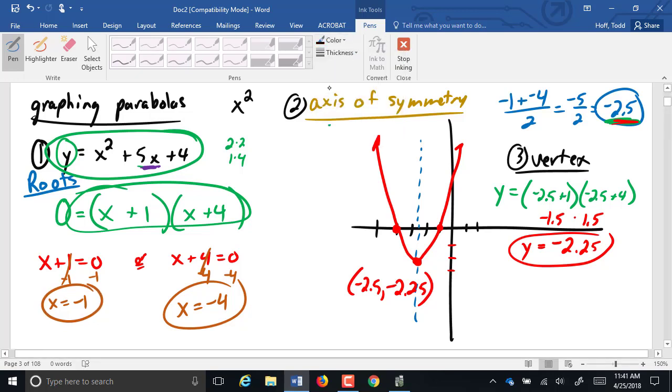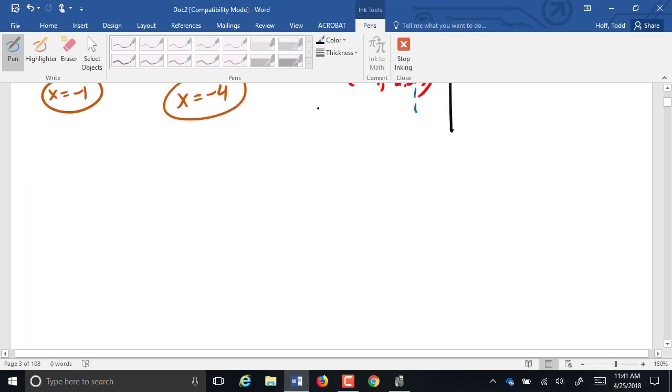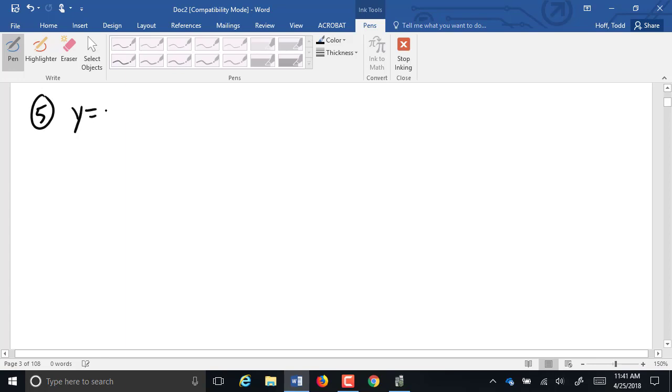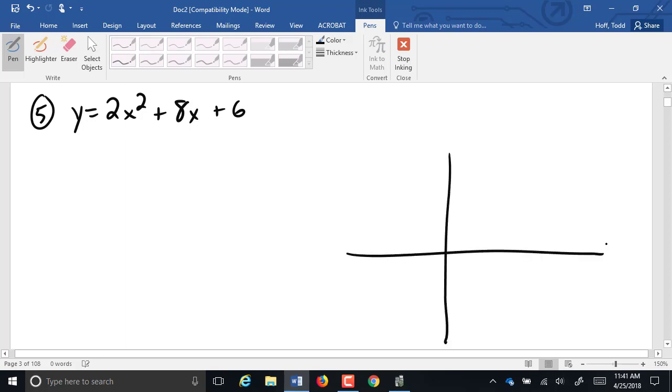I also wanted to try number 5, because number 5 contains something we didn't get a chance to look at in class. And that is, instead of being just x squared, it's 2x squared. We didn't see anything like that in our examples on Monday. So when we go to find our roots, we set y equal to 0 and we factor the other side.